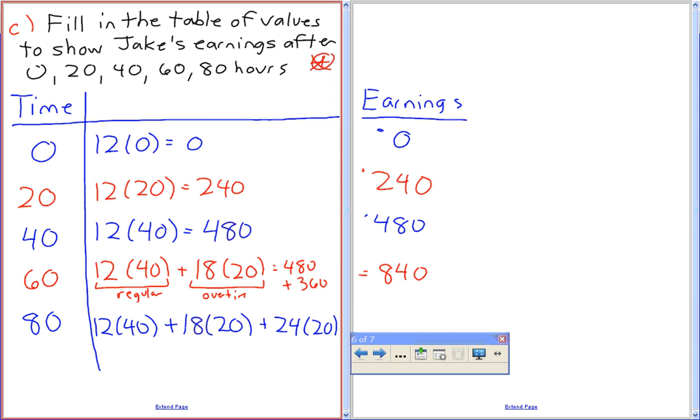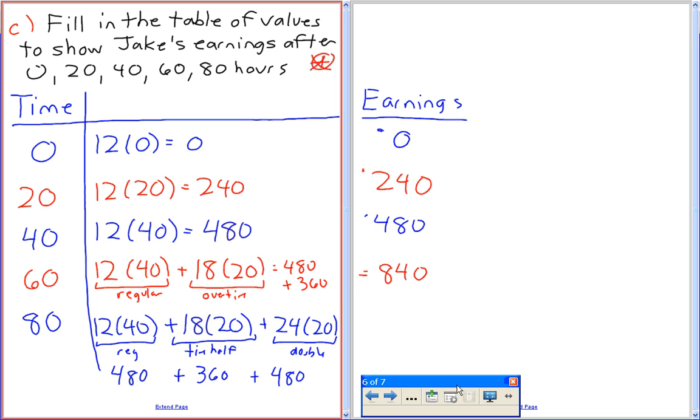So this is your regular. This is time and a half. And this is your double time. The regular is 480. 18 times 20 is 360. And then 24 times 20 is also 480. What that should add up to be is 1320.